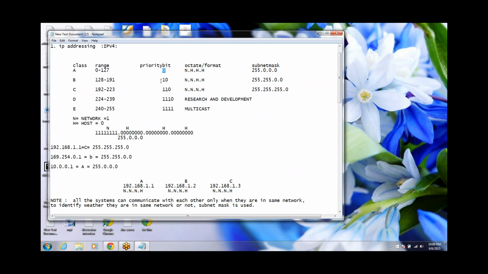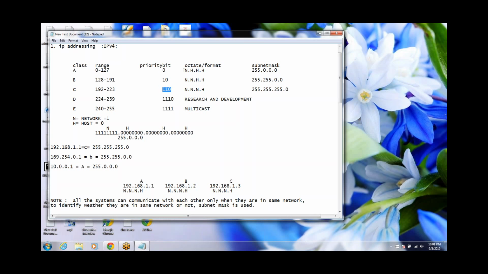For class B, the priority bits are 10, so the number of priority bits is 2. And for class C, the number of priority bits is 3.